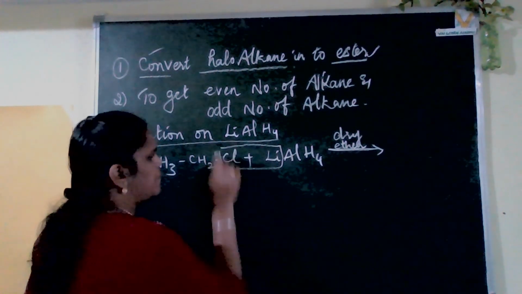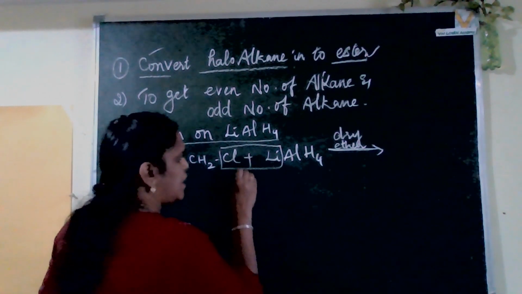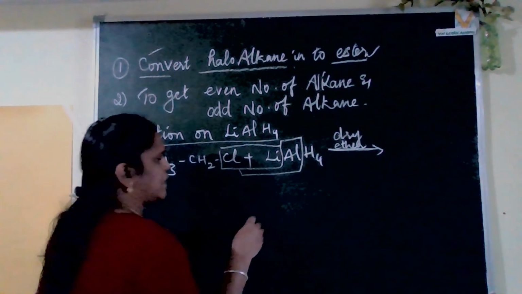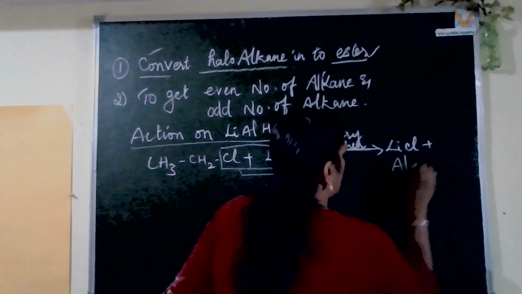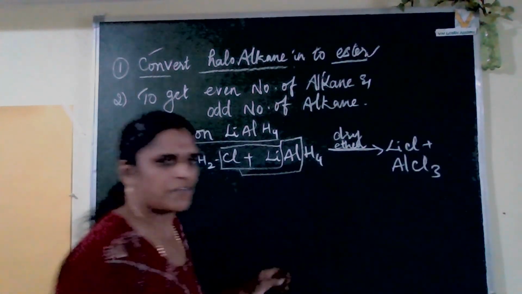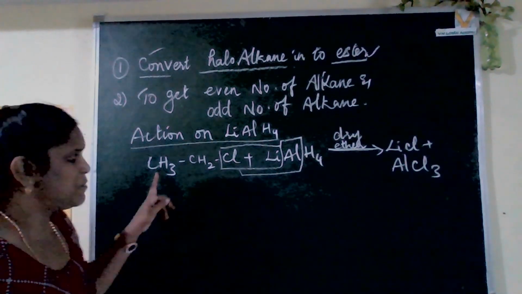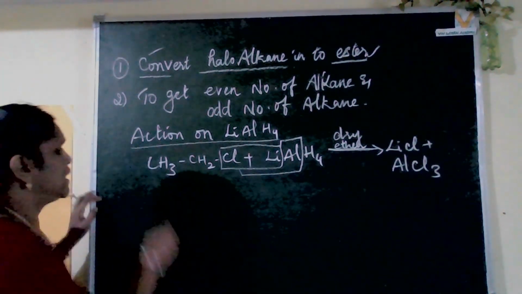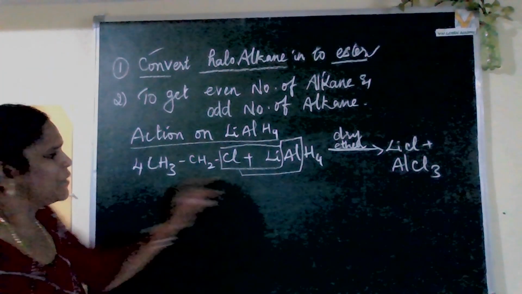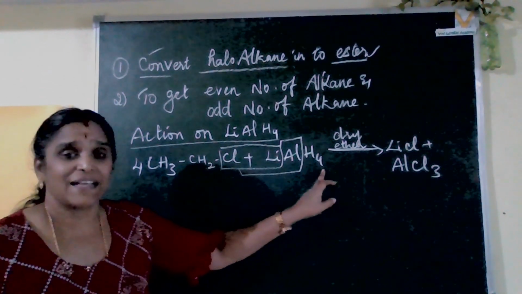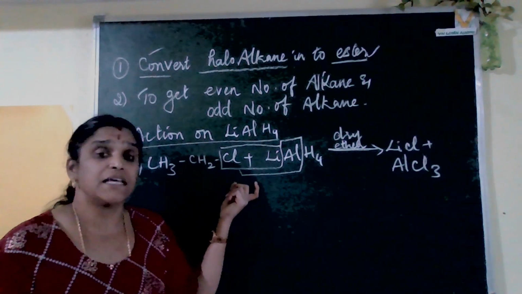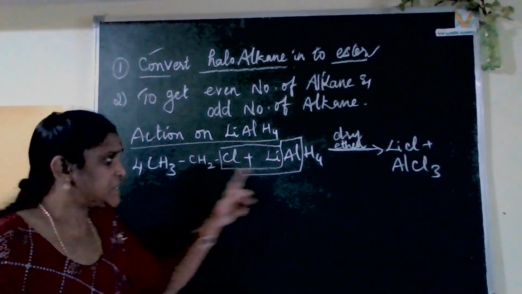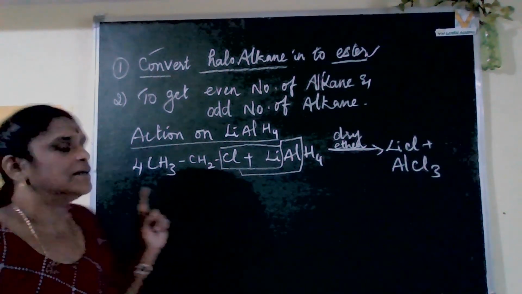Yes, lithium chloride you will be getting, and aluminum chloride, AlCl3, also. That means something is missing here, so I put it here: the hydride ion, the hydrogen atom, acts as a nucleophile which is going to attack the chloride ion.